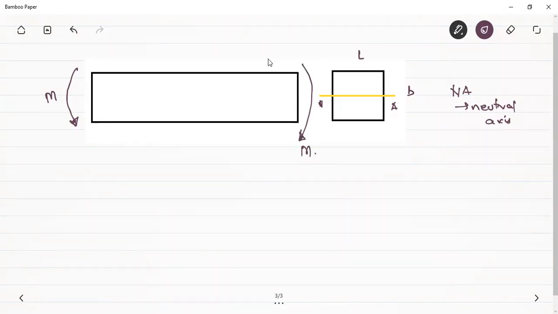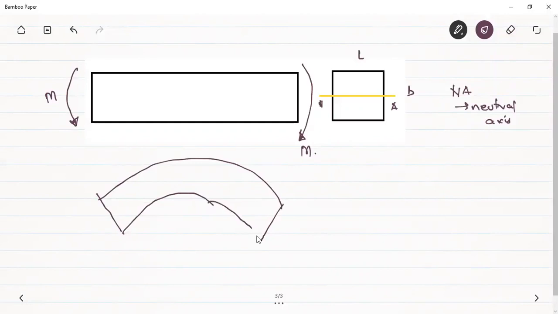Will the concave be upwards or downwards? We can see that after some time, this beam will assume this type of shape, whereas the upper fibers are in tension. The upper layers are in tension, because they get extended.